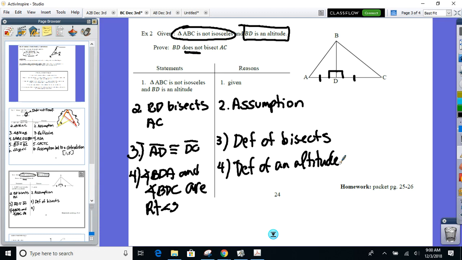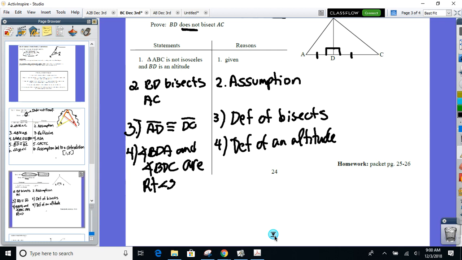Then what do I have to say about those right angles? They are congruent. Yep, this doesn't change. Right angles are congruent. Remember our goal, make it isosceles, so that contradicts a given.